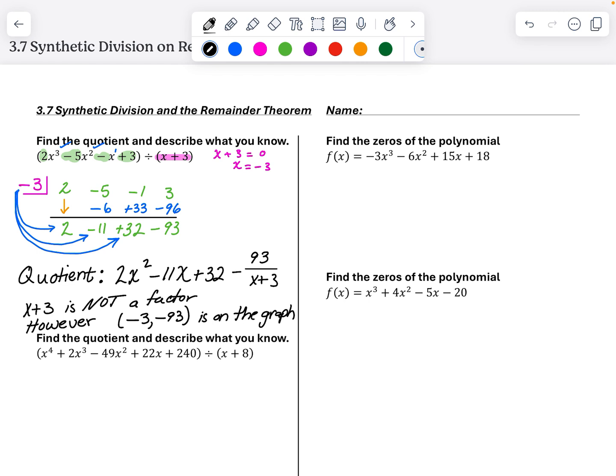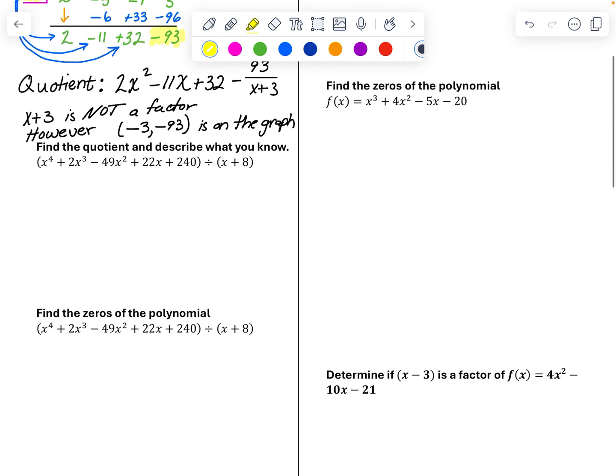And where did that come from? Negative 3, negative 93 is where that came from. And that is finding the quotient and describing what you know. Okay? Alrighty. So let's try another one.